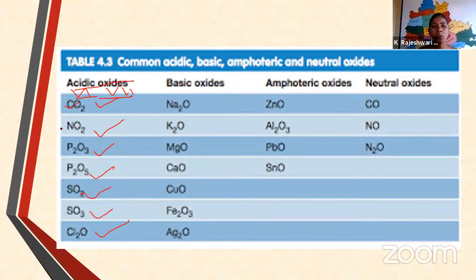Carbon is 4th group, nitrogen 5th group, and the 5th, 6th group elements, all the non-metals, form acidic oxides. Remember that point. All the 1A group and 2A group elements form the basic oxides. Amphoteric oxides are ZnO, Al2O3, PbO, and SnO. And neutral oxides are CO, NO, N2O. Remember these oxides.